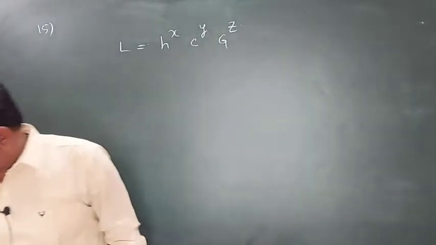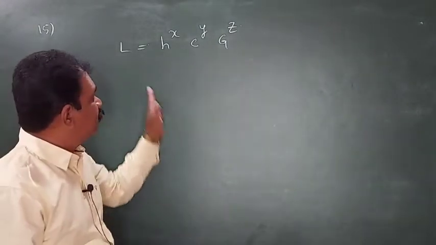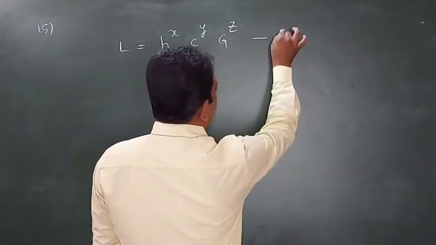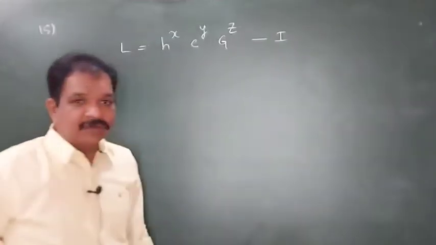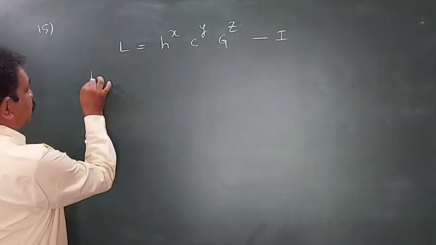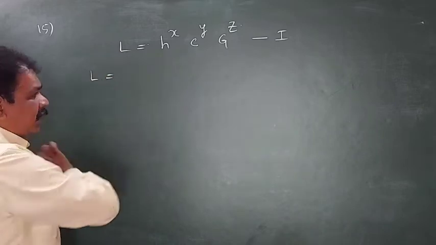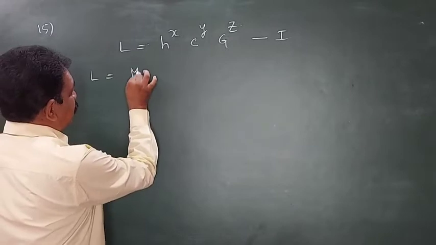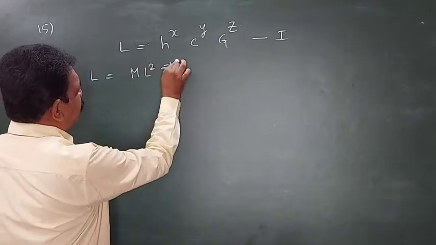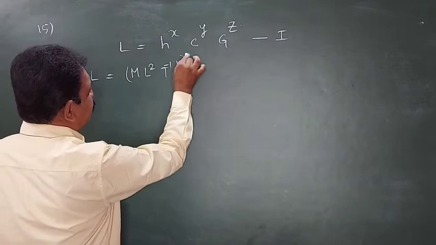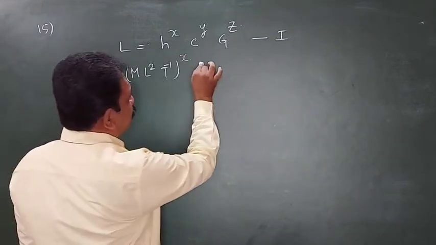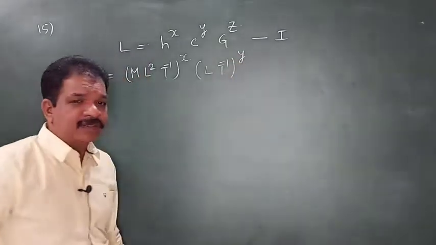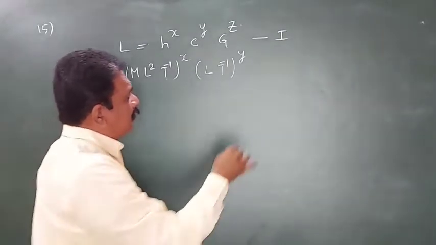That is the question. So what do we have to do? We have to write dimensional formulas on both sides. Assume this is equation 1. Then L is equal to the dimensional formula of length, L only. Length is equal to h, the Planck's constant dimensional formula, M L^2 T^-1, raised to x. Speed of light dimensional formula, (L T^-1) power y.